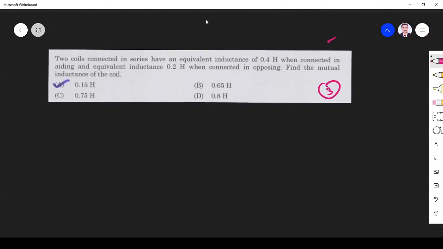Next, 2 coils are connected in series and have an equivalent inductance of 0.4 Henry when connected aiding and 0.2 Henry when connected opposing. Find the mutual inductance value. The equivalent inductance in aiding is L1 plus L2 plus 2M, which is 0.4.